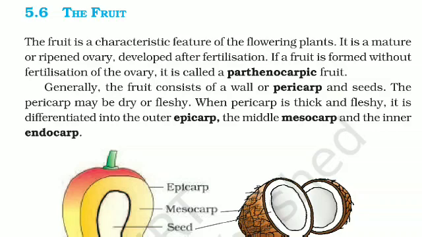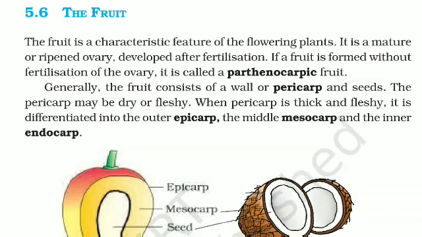The ovary changes into fruit, and the ovules which remain inside the ovary become a seed. So now we will learn about the fruit and the seed. The fruit is a characteristic feature of the flowering plants. It is actually a mature or ripened ovary, and as I told, developed after fertilization.